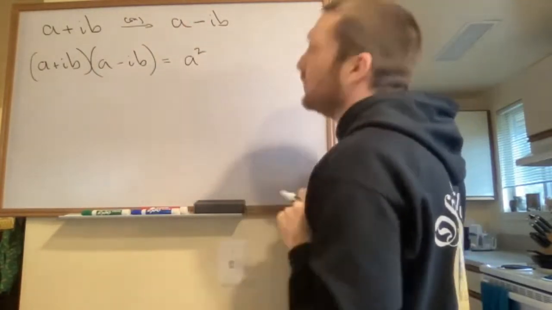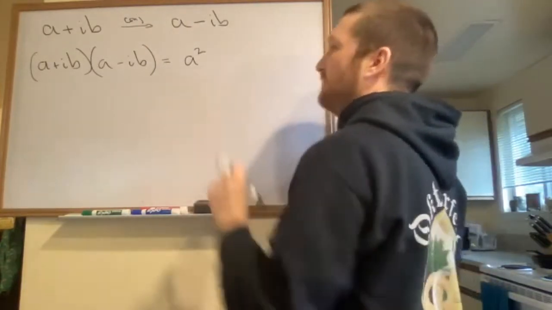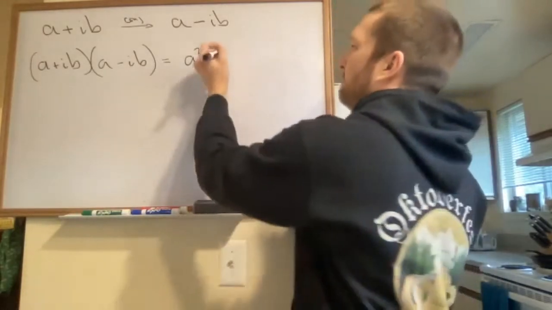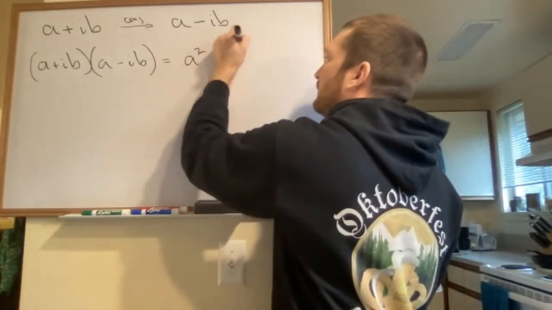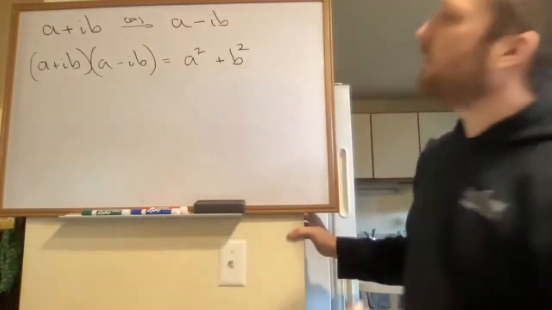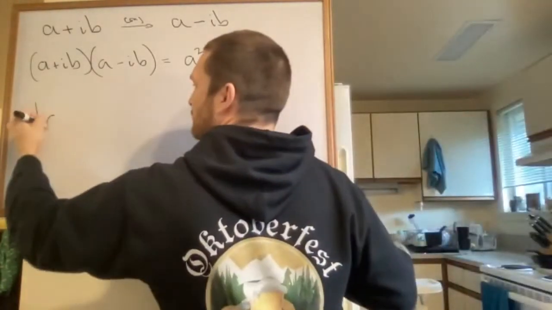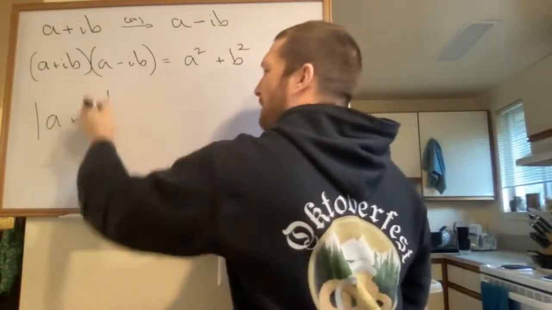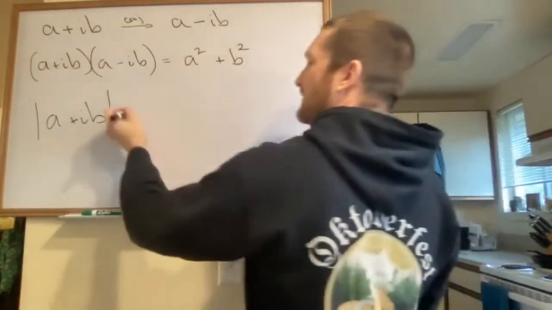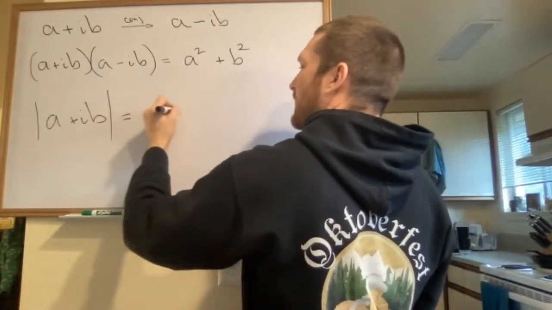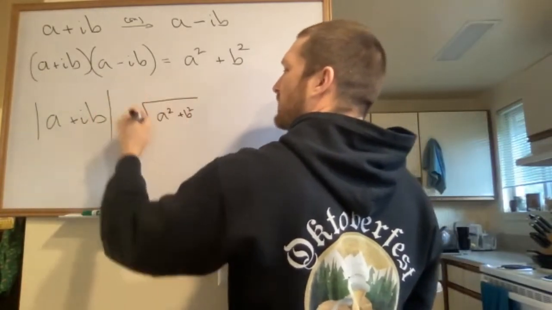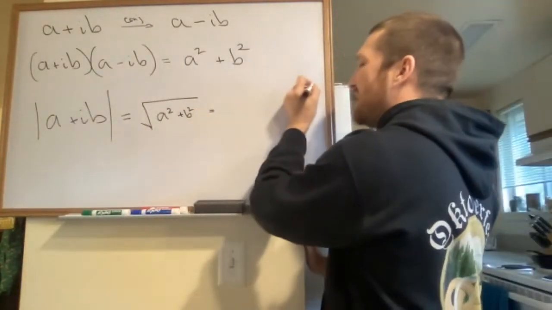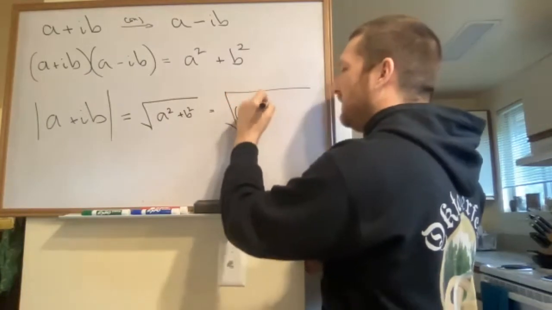They cancel, leaving me with what for my last? Plus b squared. Which, hey, what do you know? We just said that the magnitude of a complex number is equal to a squared plus b squared, whatever the components are squared, and you take the square root. Well, that's the same thing as the square root of the number times its conjugate.